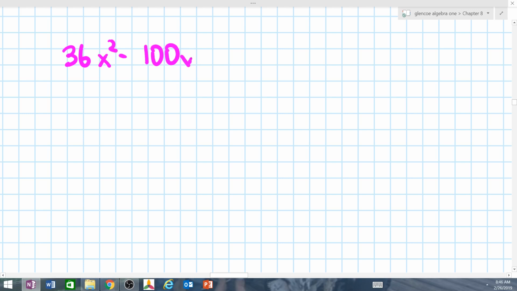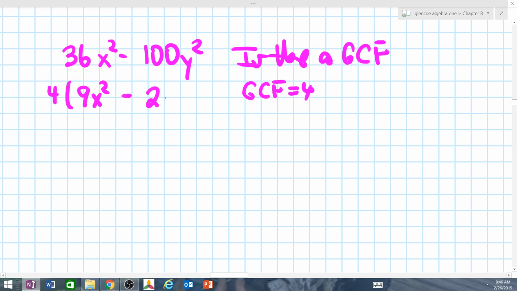Is there a GCF? I believe there is. What is it? Bigger than 2. How about 4? So this would be 4 times 9x squared minus 25y squared.